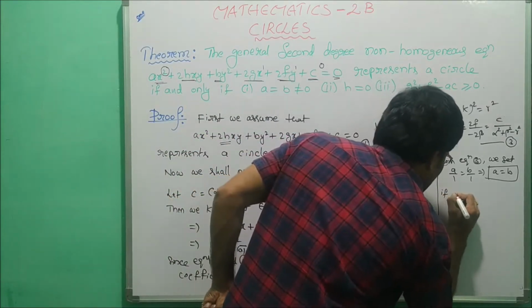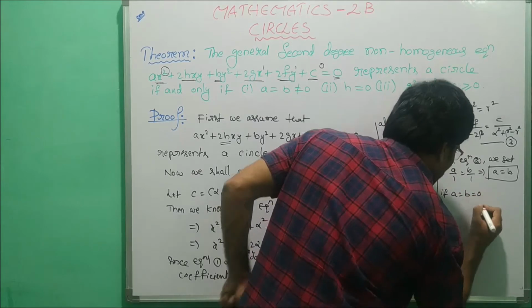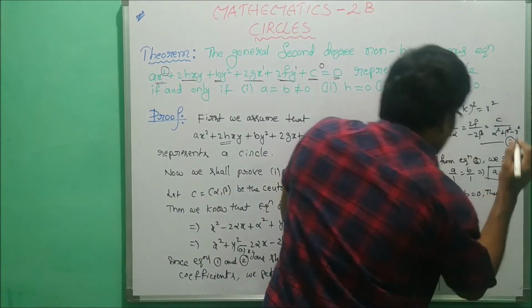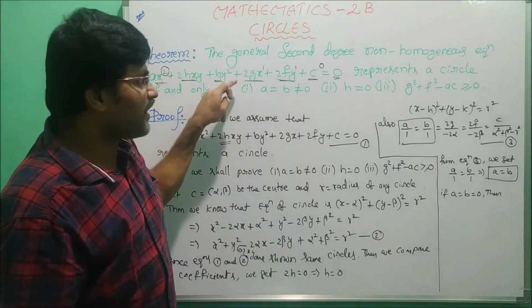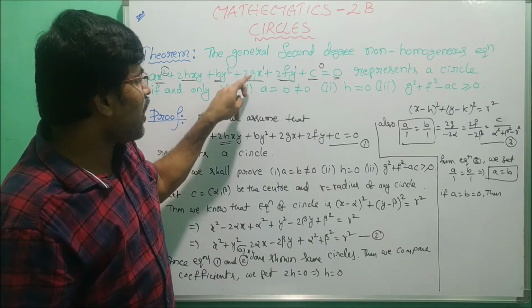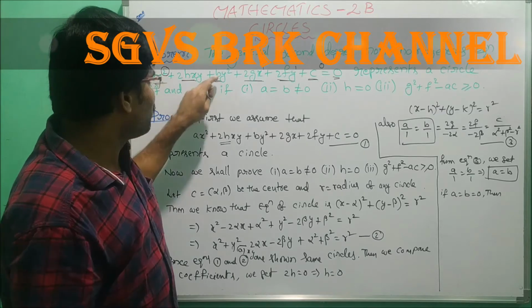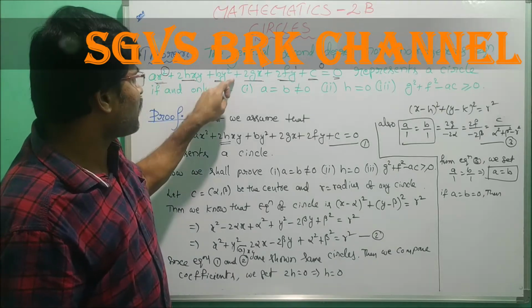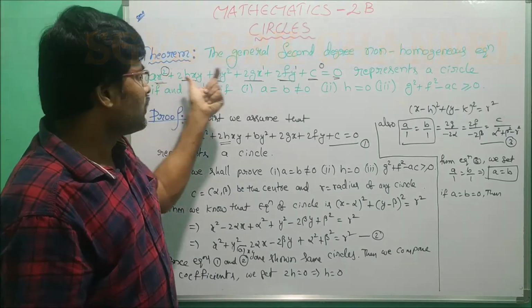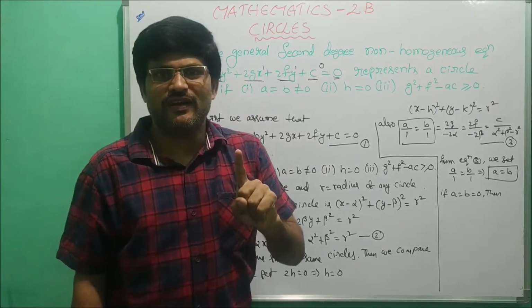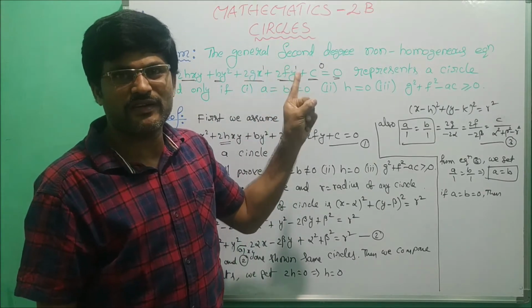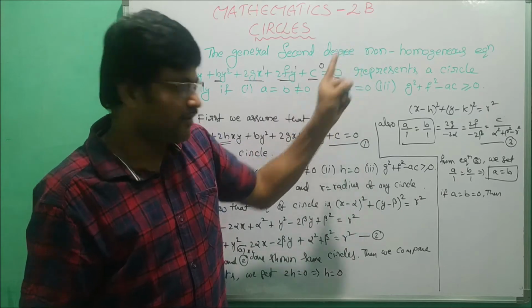Suppose a equals b equals 0, then the given general second degree equation is not second degree, because the x square coefficient and y square coefficient are 0. Now the equation becomes a linear equation, not a second degree equation.